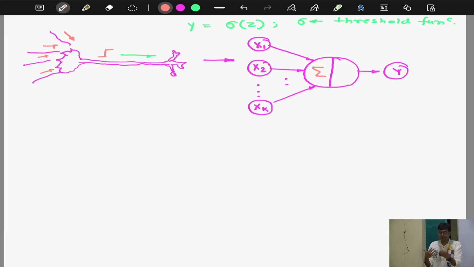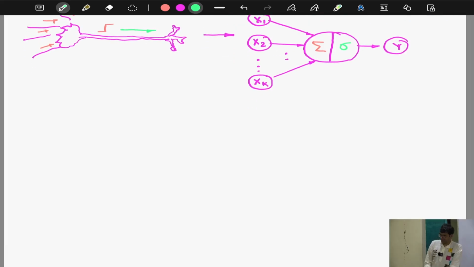So your W transpose X plus B. And then there is this activation. Each of these X1, Xk are your input features to start with. They are accumulated using the summation operation, and then there is this threshold function, and that gives you your y. Okay.